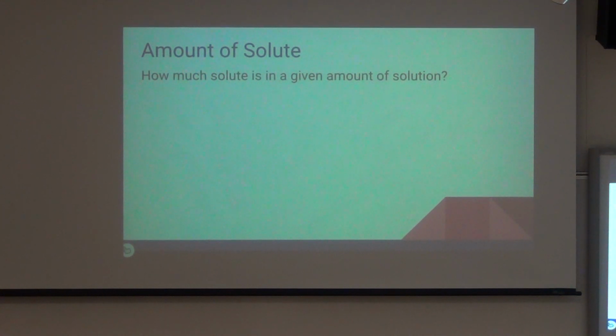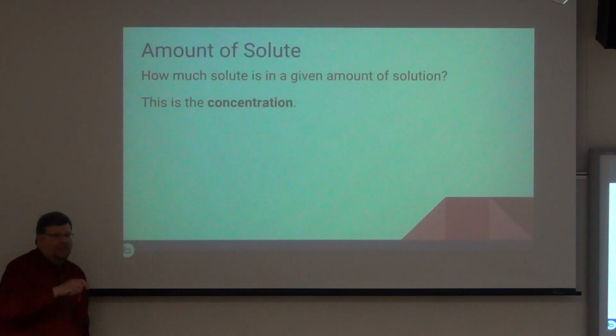A dilute means there's probably very little amount of solute dissolved. Concentrated, there's probably an awful lot of that solute dissolved. But in chemistry, we're always interested in numbers. We want to be able to say exactly how much there is. When we establish a number value for how much is present, we call that concentration.